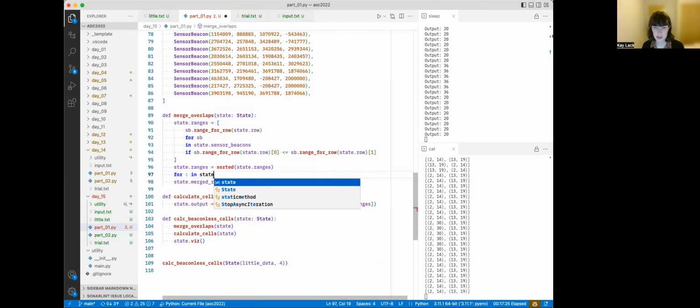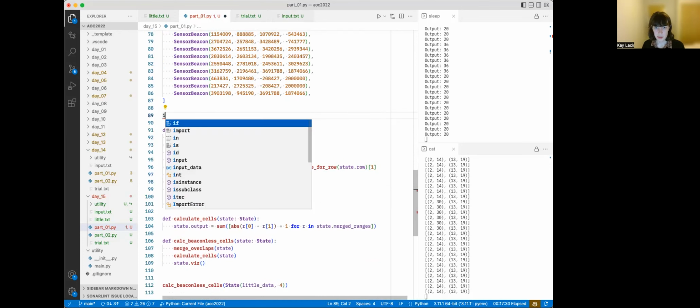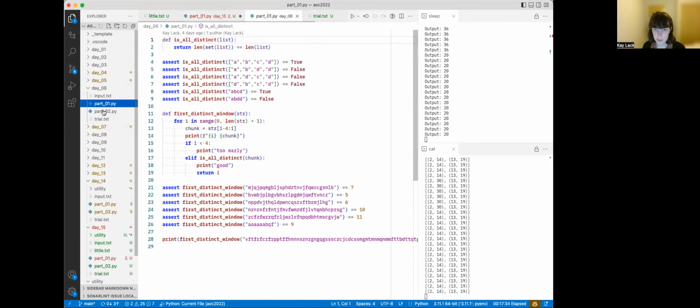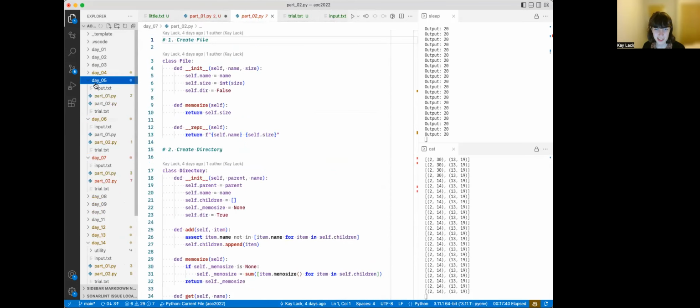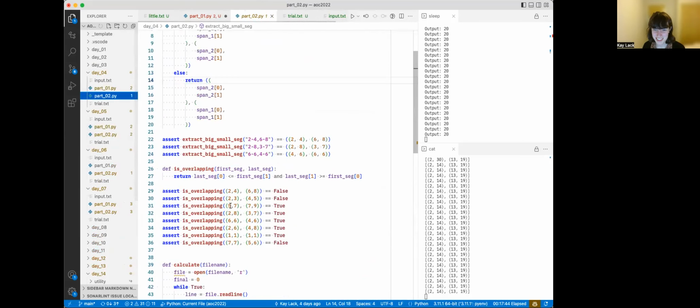Now, for R in state ranges. Now let me steal from this. Nope, wrong one. Wrong one again. Okay, let me steal this.